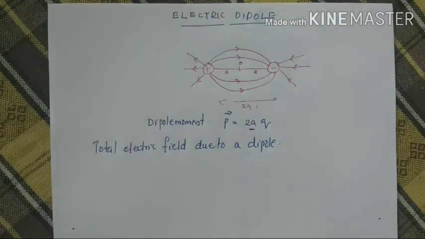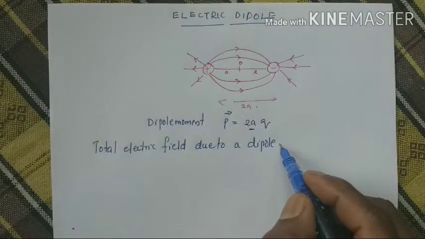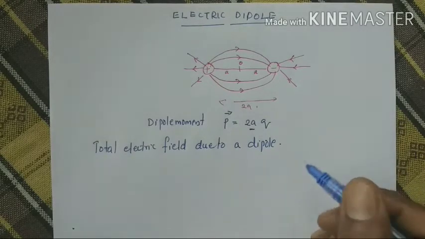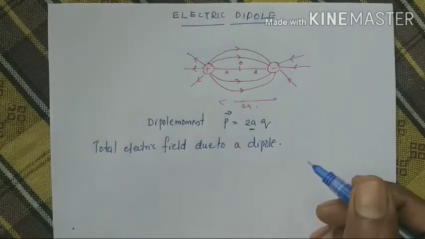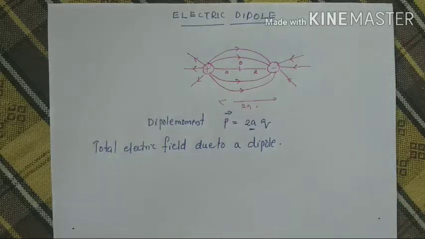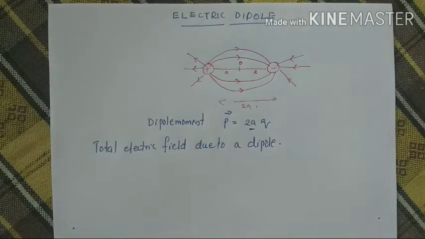As I told you, the total electric field we can find in two different ways. One is the total electric field along the axis of a dipole, and another is the total electric field perpendicular to the axis of the dipole.